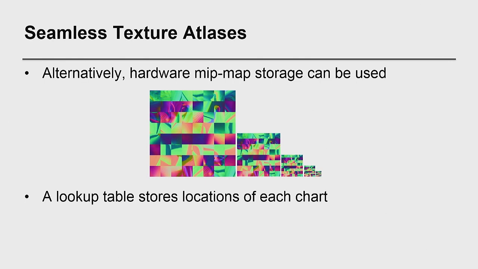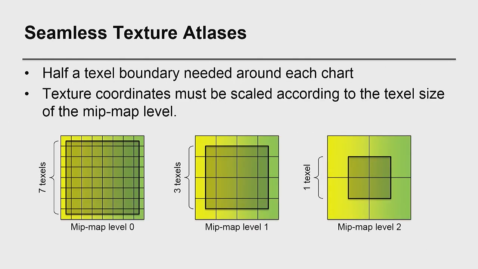Another thing to think about here is that your charts will need to have a half-texel boundary, so that when you're doing texture filtering, you're not combining the colors between different charts, right? So they're going to be contained within their own region. This means that when you have mipmap levels, when you have different resolutions for the same chart, you need to adjust your UVs. You need to scale them such that they still have this half-texel boundary in between, right?